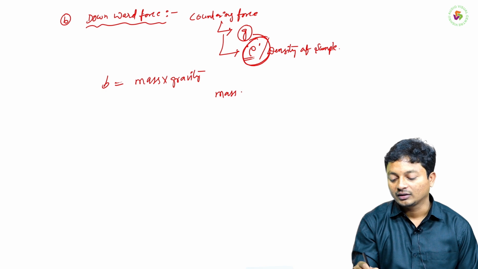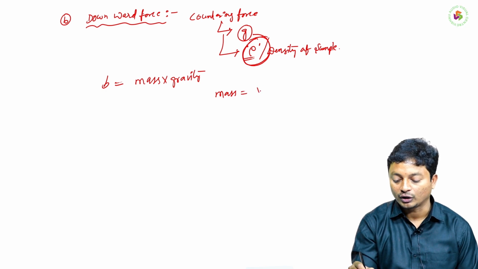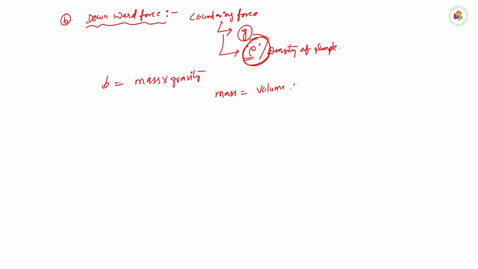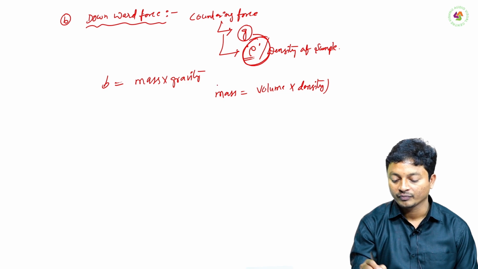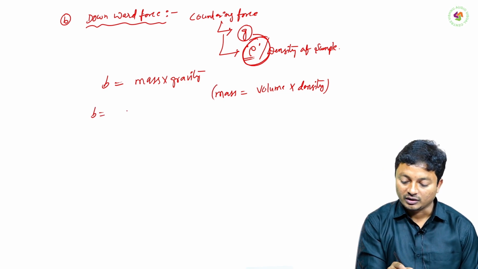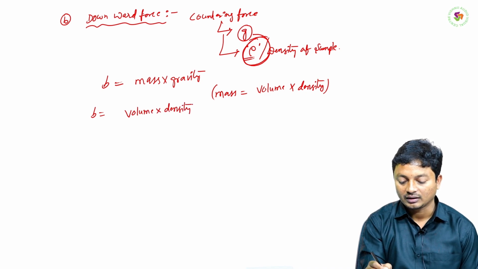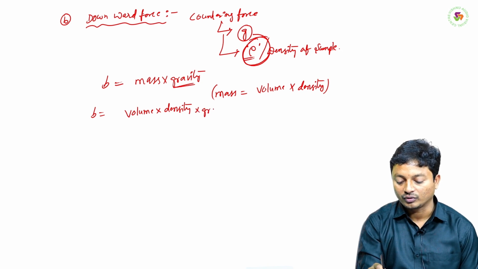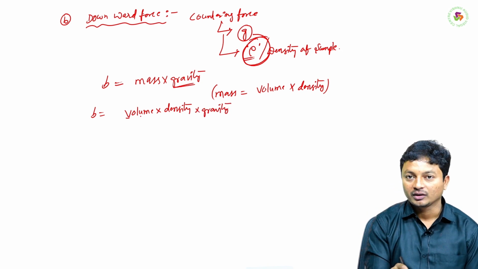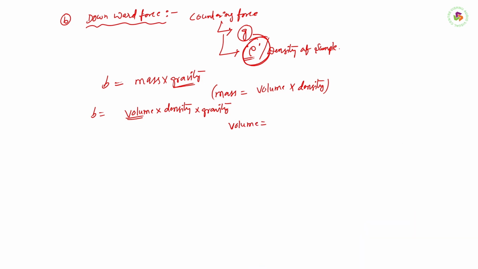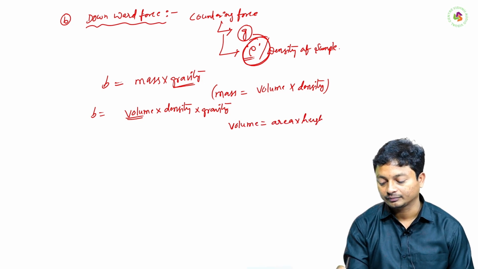We all know that mass is equal to volume into density. So in place of mass, we can consider volume into density, and as usual the countering force, gravity. Here the volume can be written as area into height.